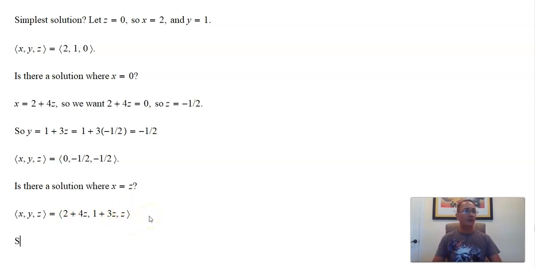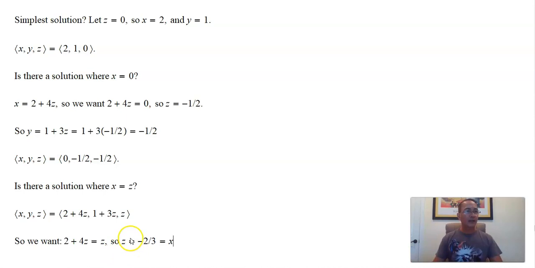Okay, so we want 2 plus 4z to be equal to z. So we get, let's see, move the z to the left, 3z equals negative 2. So z is negative 2/3. All right, so that is our z. That should also be equal to x.